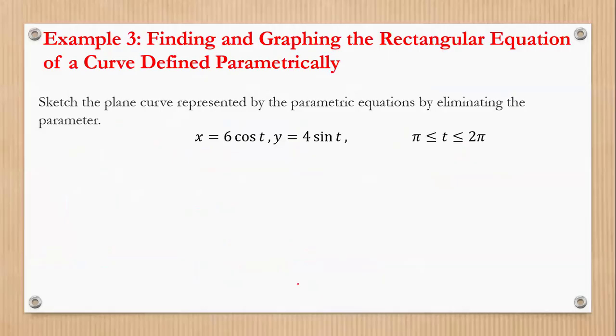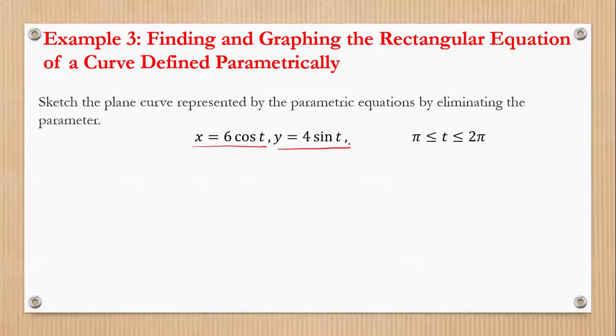We want to eliminate the parameter in this equation, find an equation based on x and y, and then graph that equation. So, sketch the plane curve represented by the parametric equations by eliminating the parameter. Again, I have two equations, one for x, one for y.